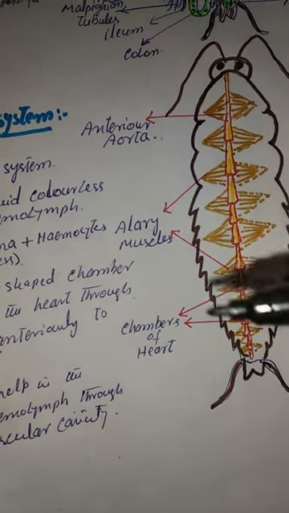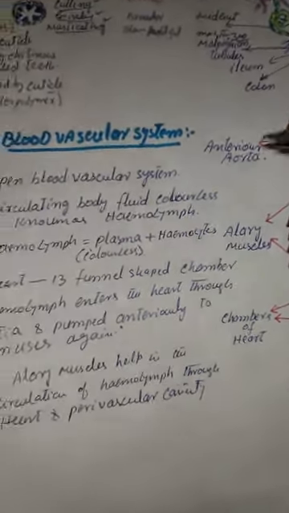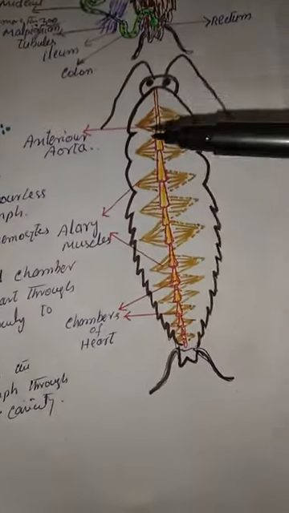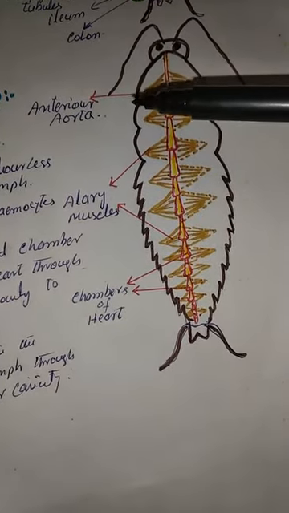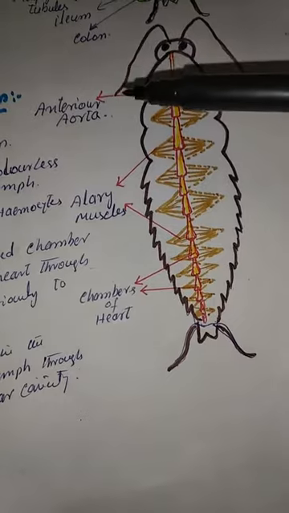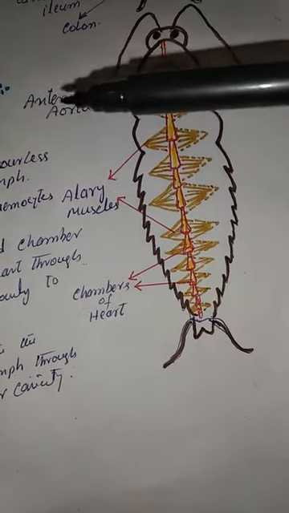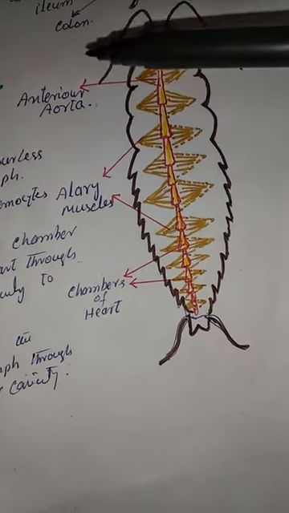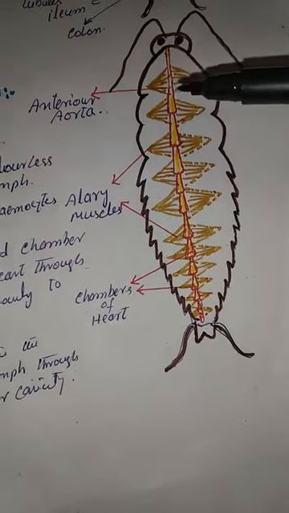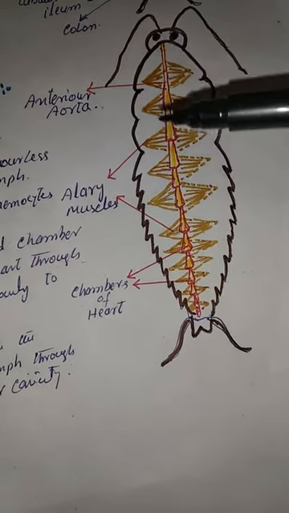These are the alary muscles. The circulatory system of the cockroach is open type, and the circulating body fluid is colorless, known as hemolymph.